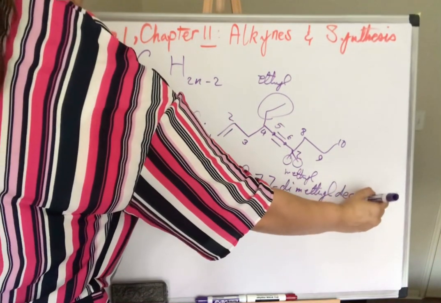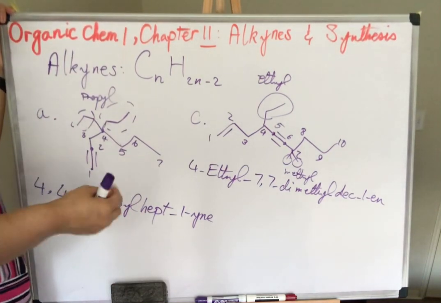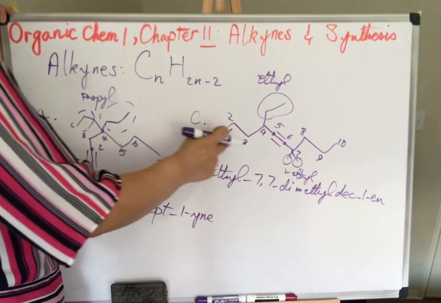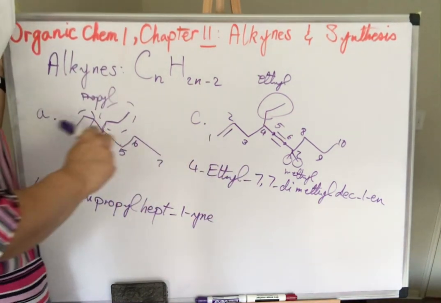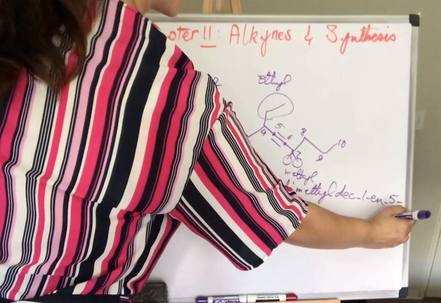When you have the combination of double bond and triple bond, you could say 1-decen, dec-1-en, and you have the triple bond on the 5th one.